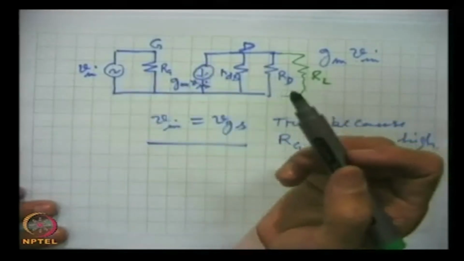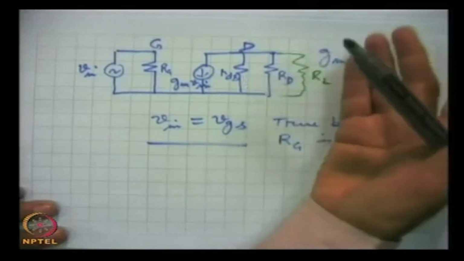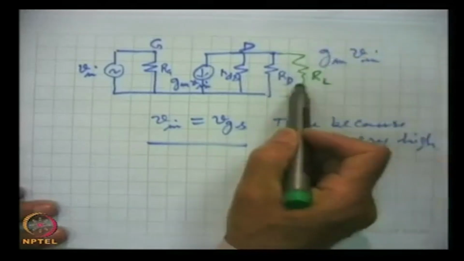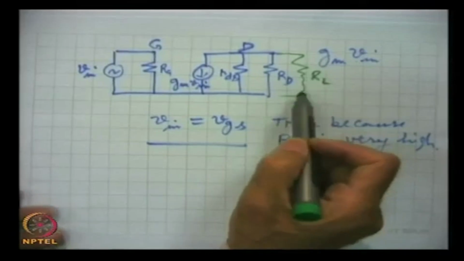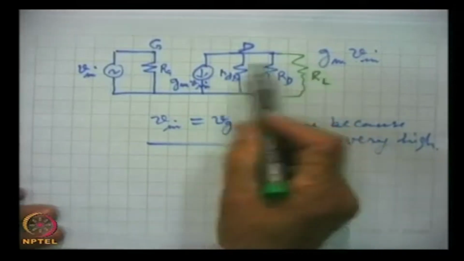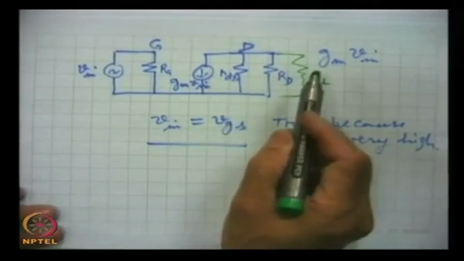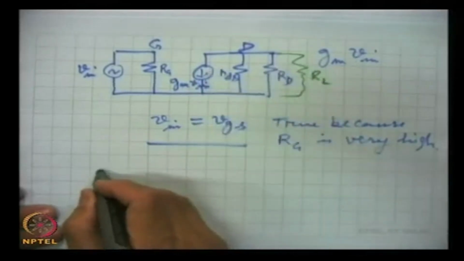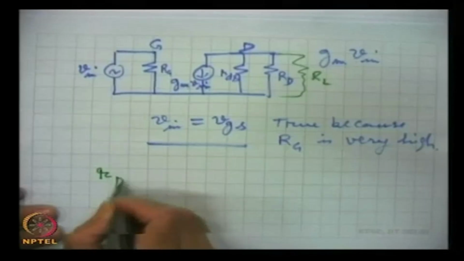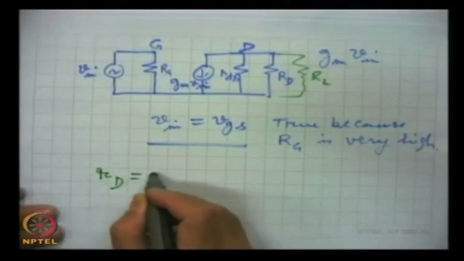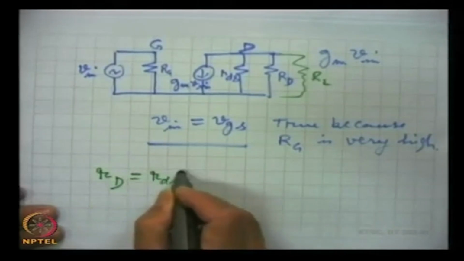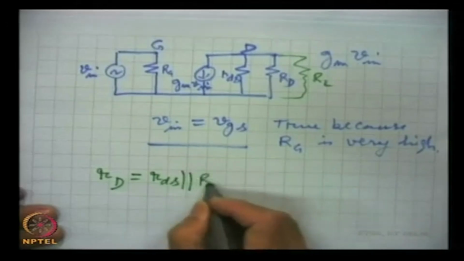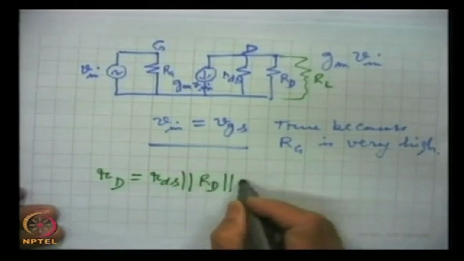Then the input impedance of that next stage will be taken here. So all these resistances are in parallel, and can be replaced by one resistance RD, which is RDS in parallel with RD in parallel with RL.